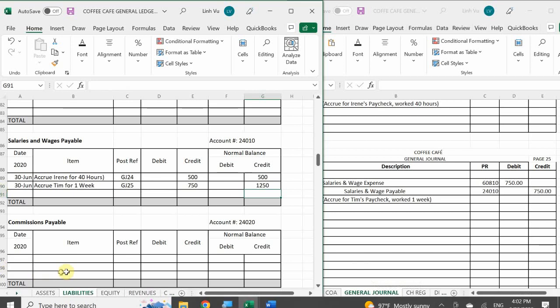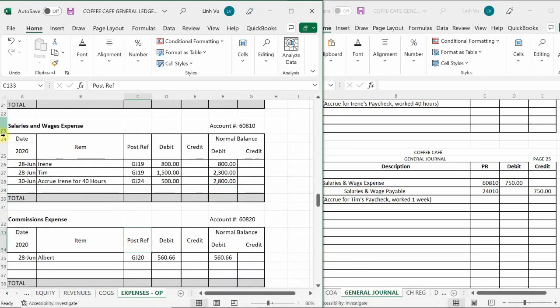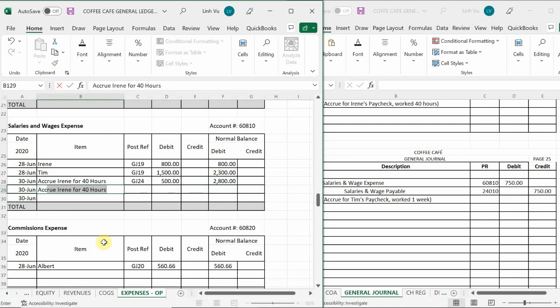And last but not least, we need to plug in the payroll and the salaries and wages expense for Tim, for $750.